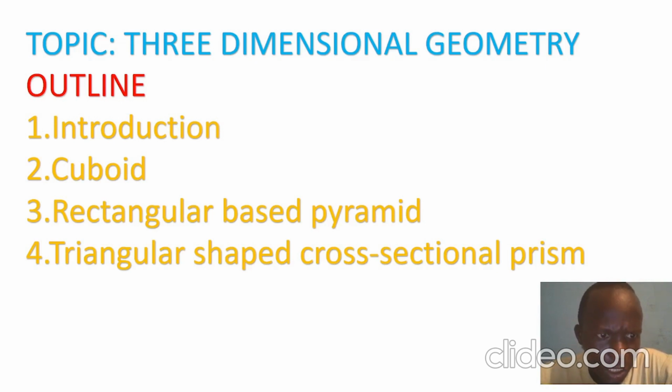The next thing that we're going to look at is examples involving the cuboid, another example involving a rectangular-based pyramid. The last example will be a triangular-shaped cross-sectional prism. In those particular shapes, we will be looking at the lengths and the angles.